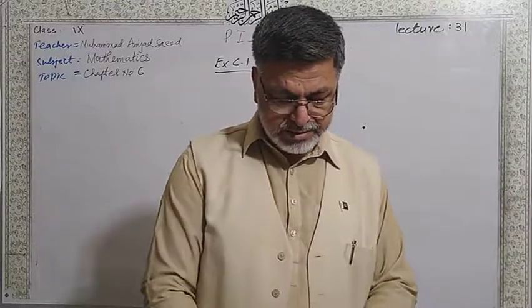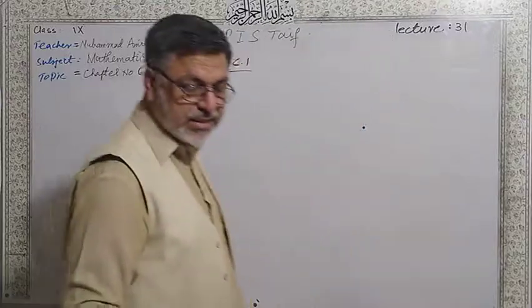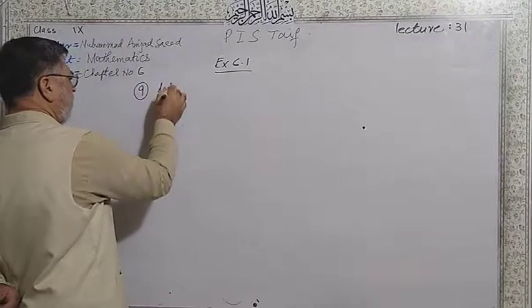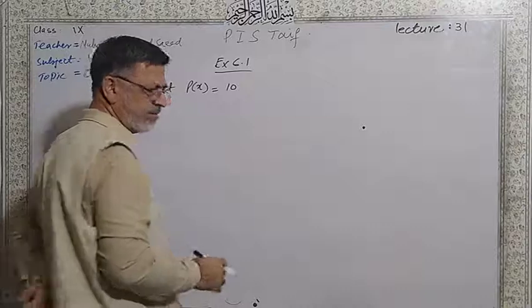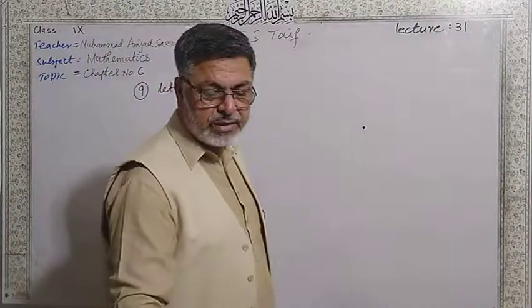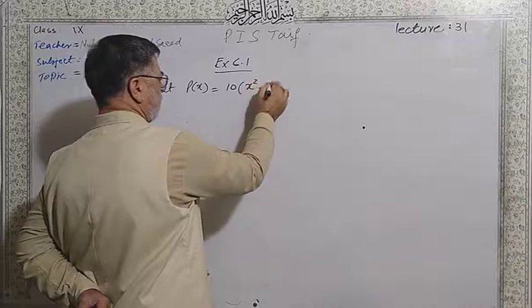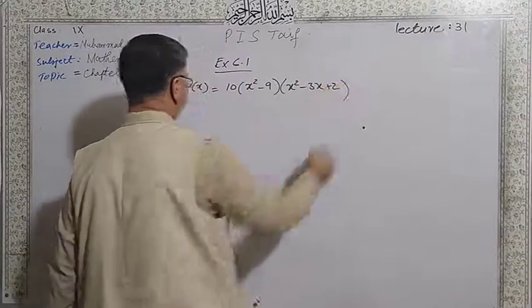Question number 9. Let P of x is equal to 10 into x square minus 9 into x square minus 3x plus 2.